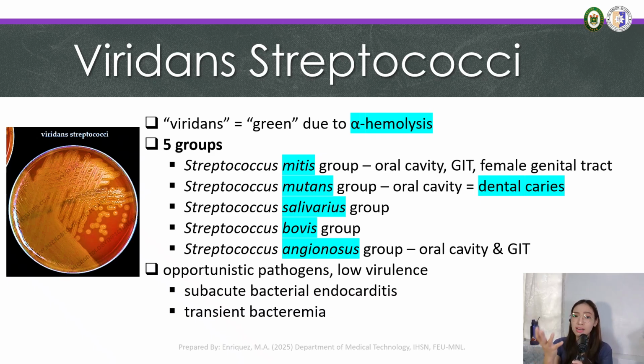Take note, hindi lang naman mag-isa ang Streptococcus mutans group na nagdudulot ng tooth decay. It may be in combination with all the other normal flora of our oral cavity that could overgrow and eventually lead to the formation of dental caries. So ayan po, do not forget to brush your teeth 3 times a day.